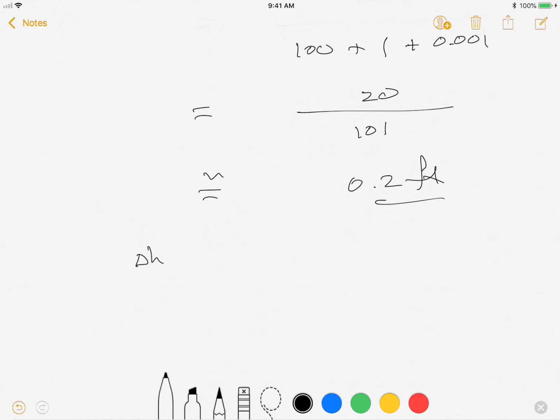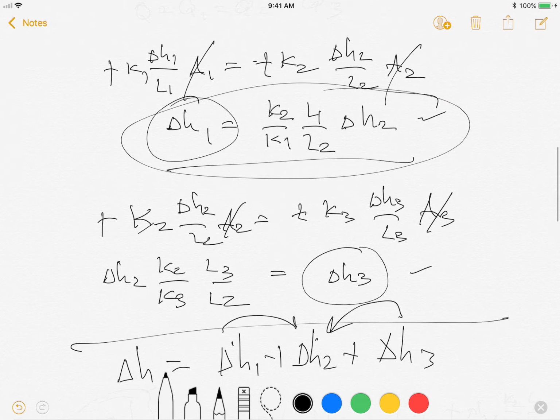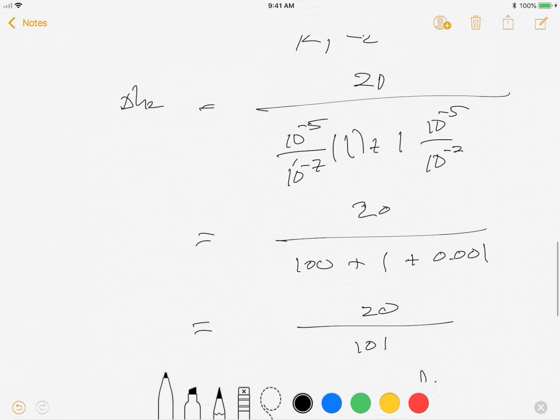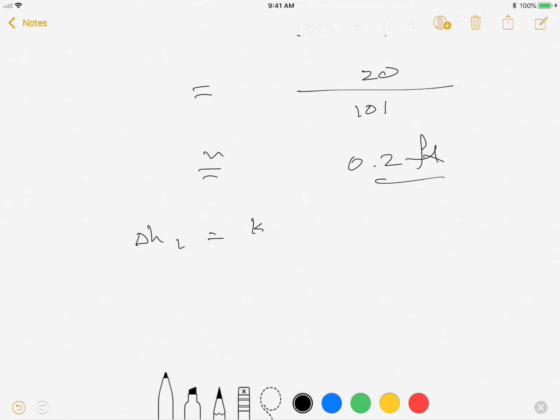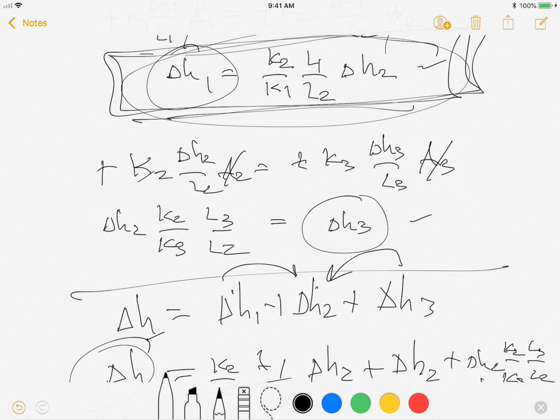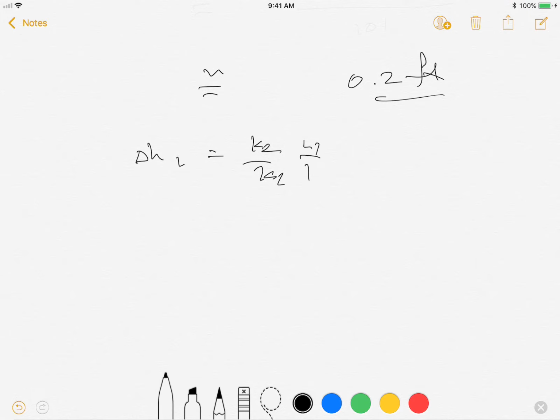So that delta H1, and I'm gonna scroll back over here. So this is the equation here for delta H1. Okay, and that's K2 over K1. And then going back here, L1 over L2 multiplied by delta H2. So we know delta H2, that's at 0.2.